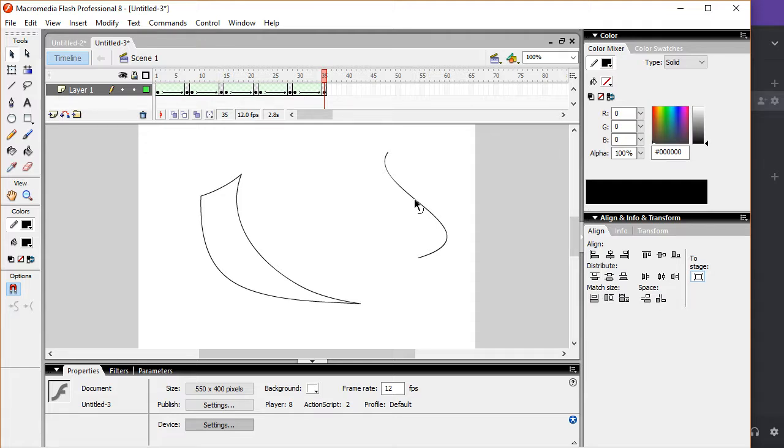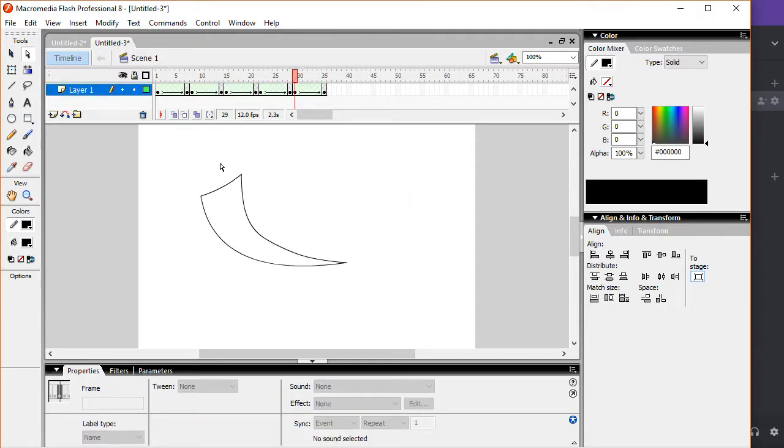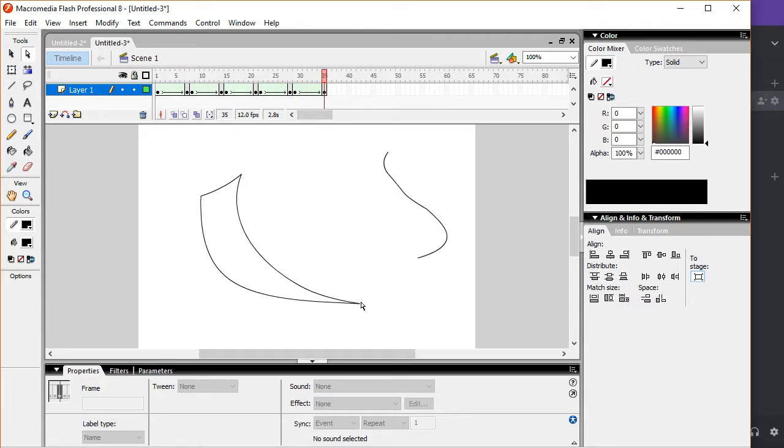And once we touch this, like this, now it has 1, 2, 3, 4, 5, 6, 7. So if I had this on the other frame, now Flash would have to figure out how the hell to tween 7 segments into only 5 segments. And that would be chaos.